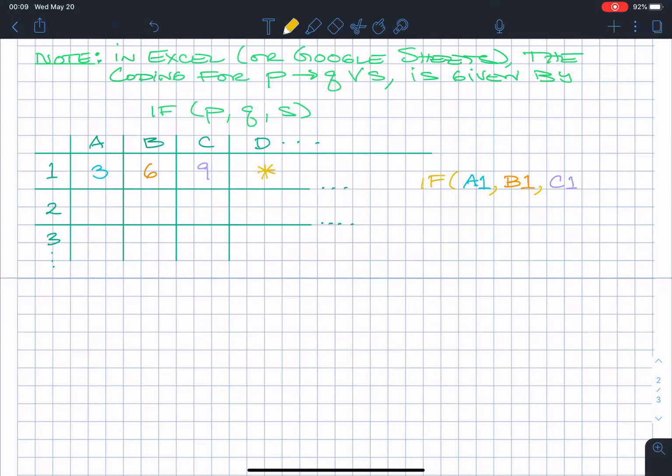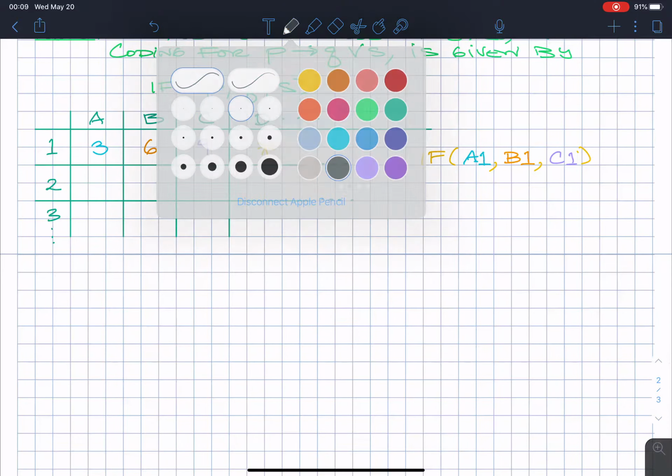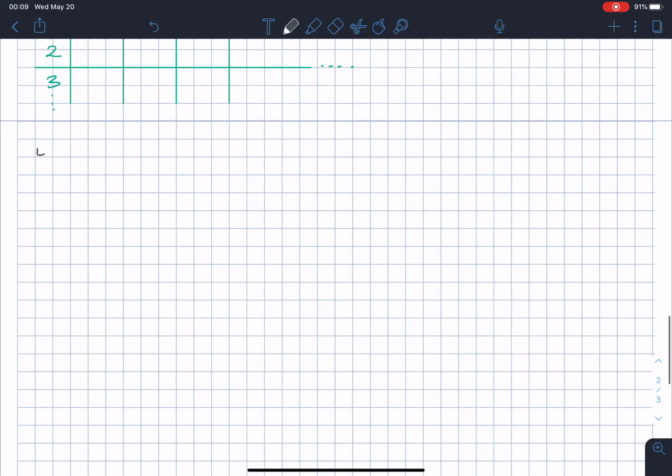So that's what the coding means. So hopefully by example, this will make more sense. So, for example, translate: IF(A1 greater than 9, A1 plus B1, 6 times A1).